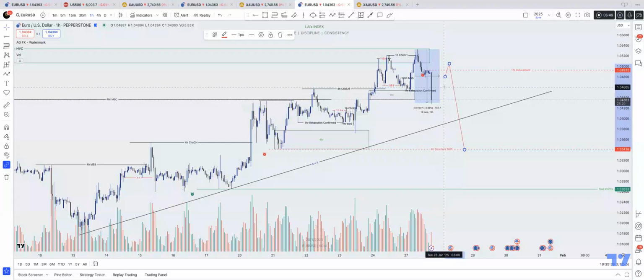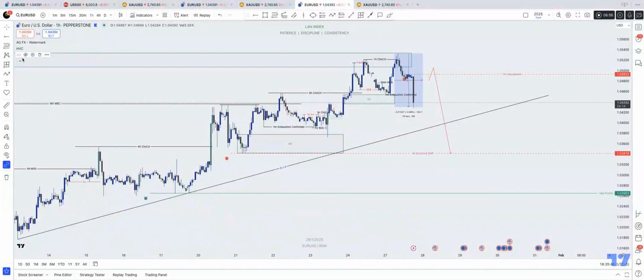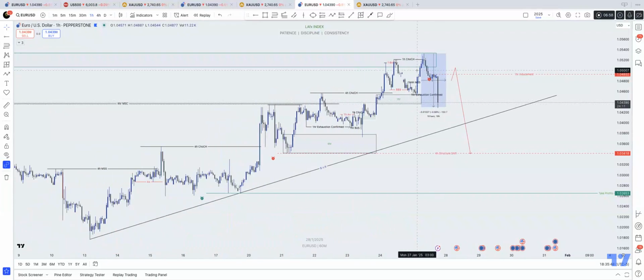So when you wake up in the morning, we will see what will happen here, right? So at least we know we have our distribution, we have price being bearish for this range, so we can look to sell.